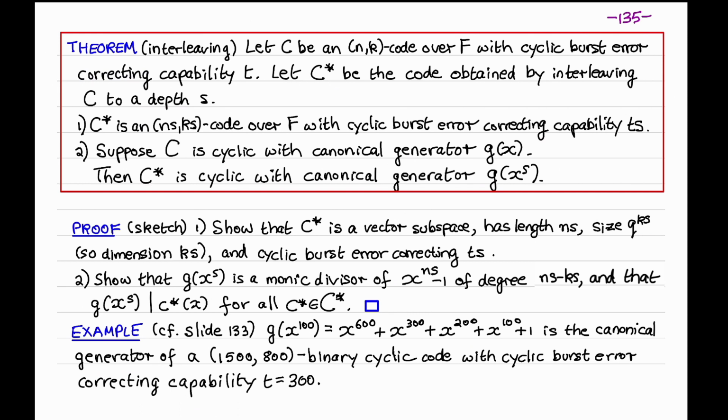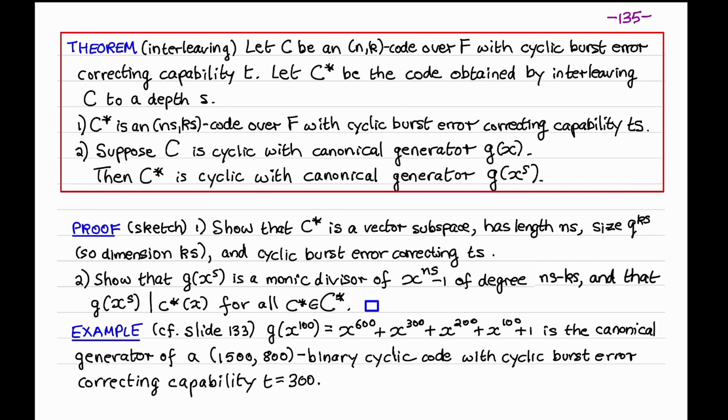You have to show that C star has length ns, which is elementary, and that it has dimension k times s, which you can see by counting the number of code words in C star and seeing that it has q to the ks. I've already justified that C star has cyclic burst error correcting capability Ts.